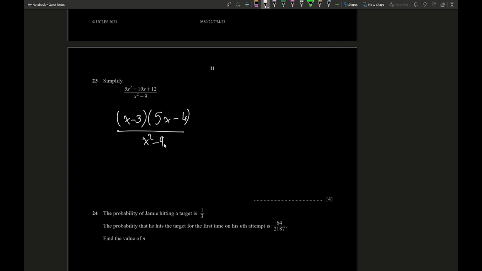X squared minus 9 can be factorized as difference of two squares. We can factorize it and write it as x minus 3 times 5x minus 4, all divided by x minus 3 and x plus 3.